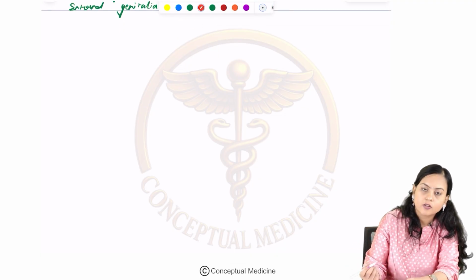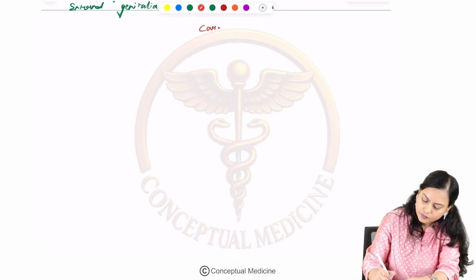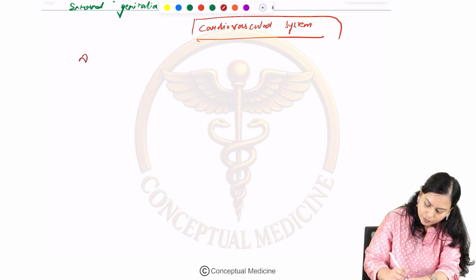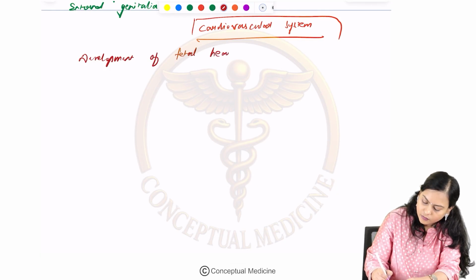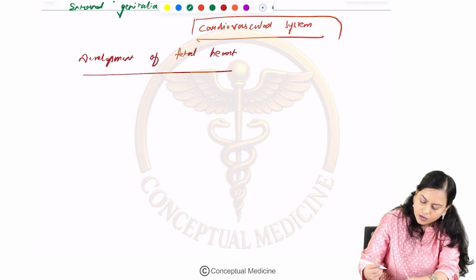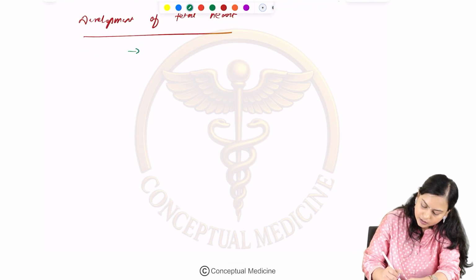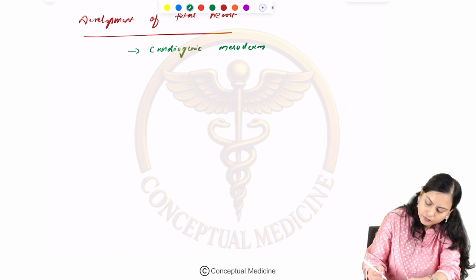First system is the cardiovascular system. We'll see some of the points on the development of the heart. The fetal heart basically develops in the cardiogenic mesoderm.